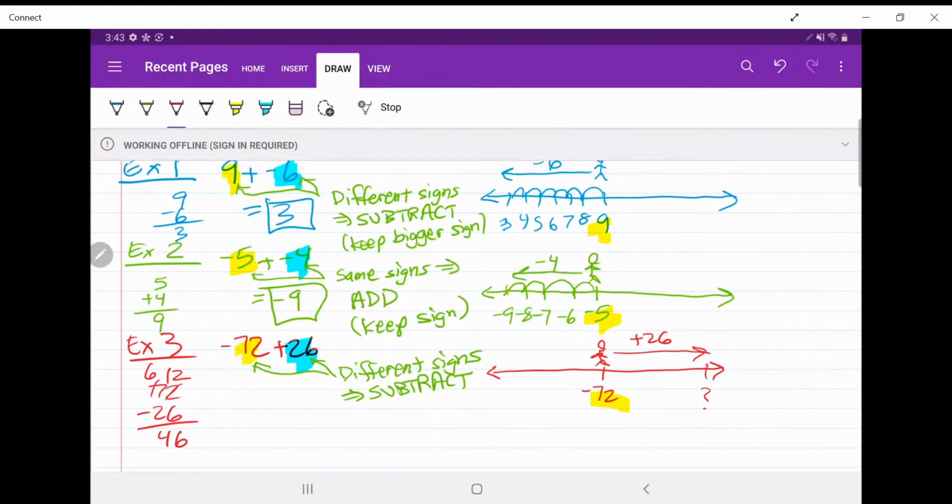And we need to keep the bigger sign. So which number is bigger, the 72 or the 26? Well, the 72 is going to be bigger. So we know that if the 72 is a bigger number than 26, then we need to keep the bigger sign. So negative 46 is our final answer. So this question mark should read as negative 46.